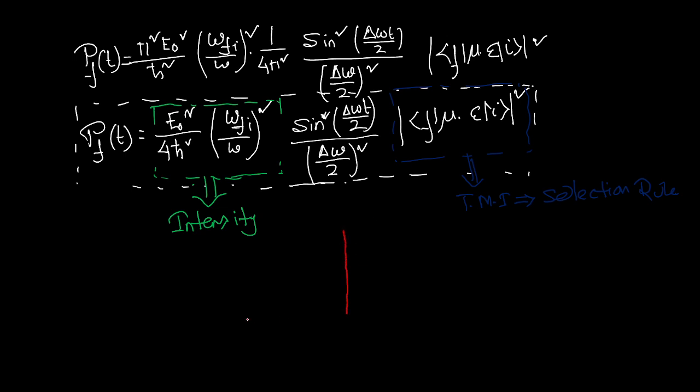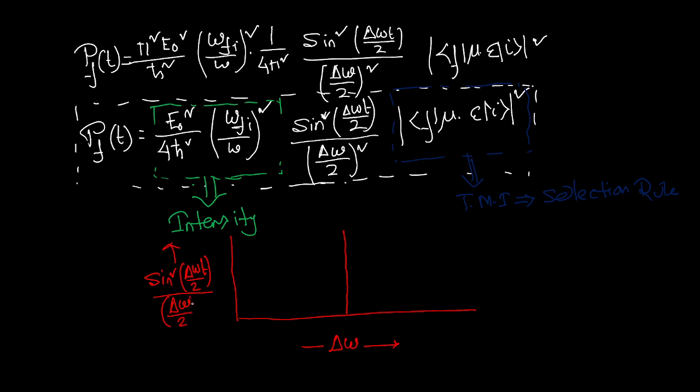If we plot it with respect to delta omega, it will look like this. It is 0 when omega_fi is equal to omega. Then minus 1, plus 1, minus 2, plus 2, minus 3, plus 3.